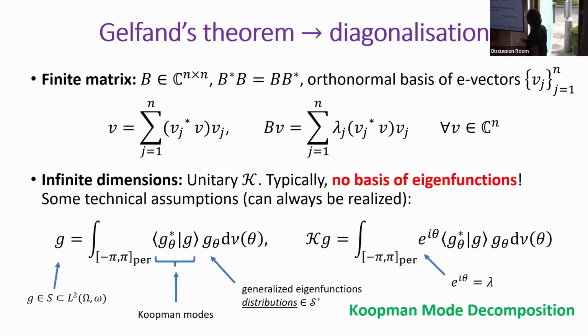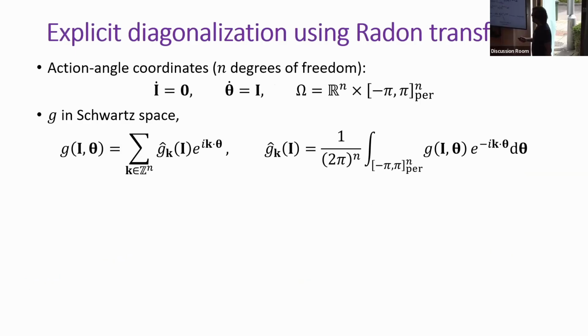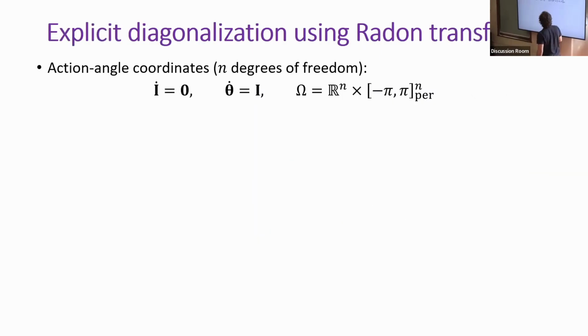I was going to ask where the n came in, but this is not the pendulum; this is a generalization of the pendulum. For example, you could take the pendulum, which can be represented in action-angle coordinates in 1 dimension, but let's do the general dimension.